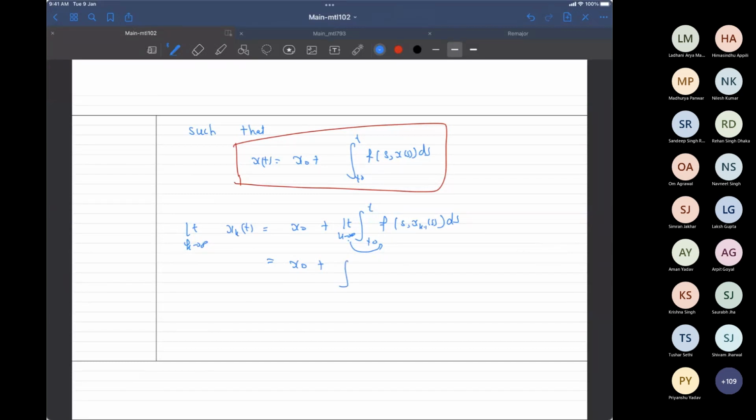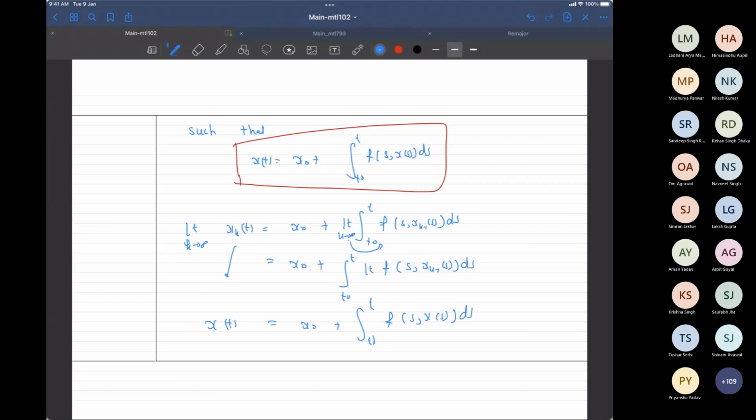I can write the limit inside the integral of f(s, x_{k-1}(s)) ds from t naught to t, and this gives x naught plus the integral of f(s, x(s)) ds on this side, and x(t) on the other side. The most critical point here is that we need to switch the limit k tends to infinity and the integral.